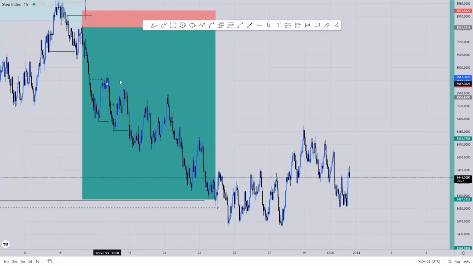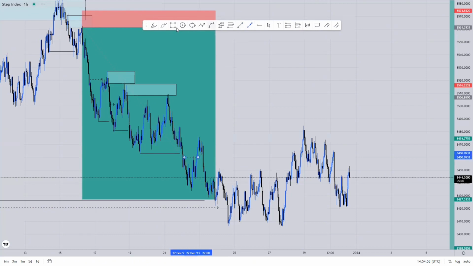So them coming back here, that was a sell. Them coming back here to this supply, as well as to the fair value gap there, it was a sell again. The block structure.